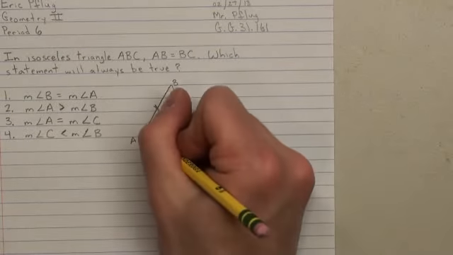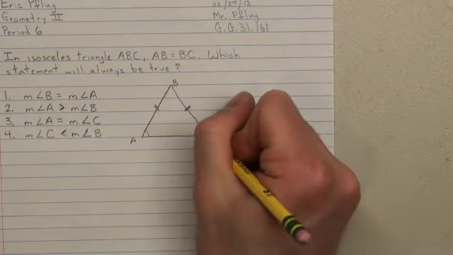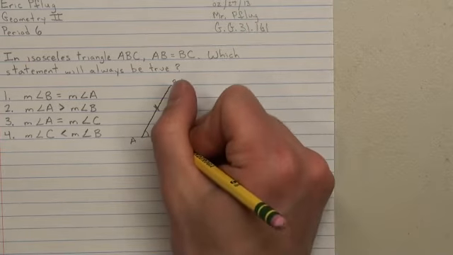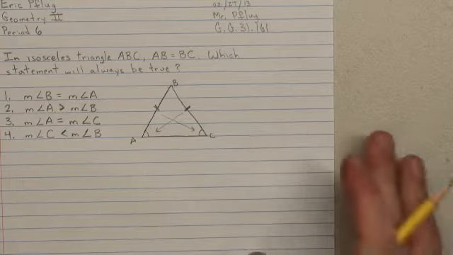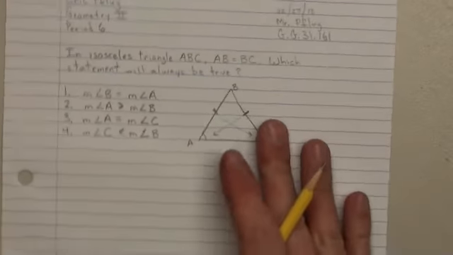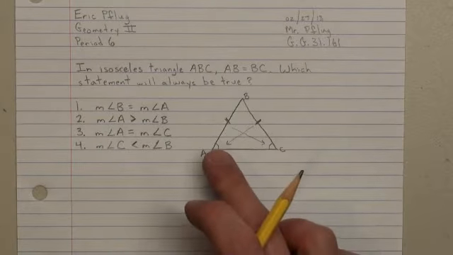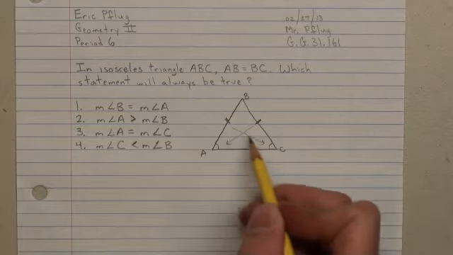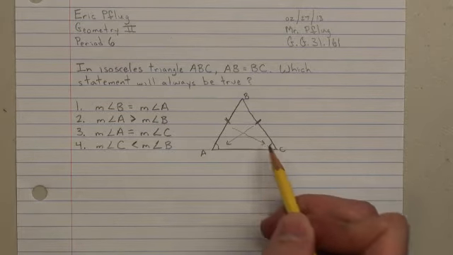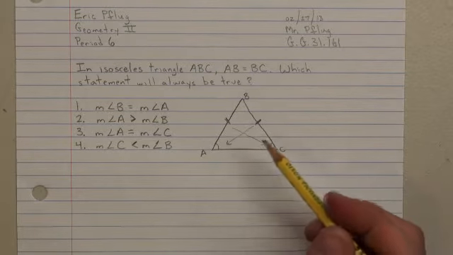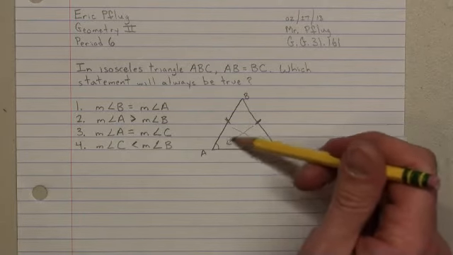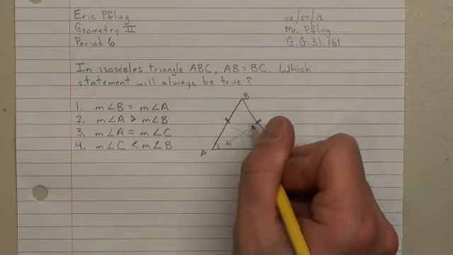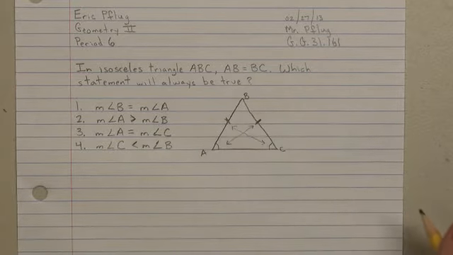We also know that angle A is equal to angle C because those are across from the congruent sides. Whenever you have two congruent sides of a triangle, the angles that are opposite those sides are always the same. And the reverse is also true. If you have two angles that are congruent, then the sides that are opposite them are also congruent.